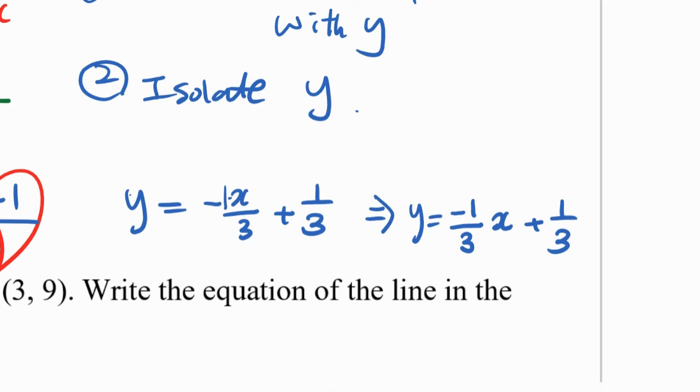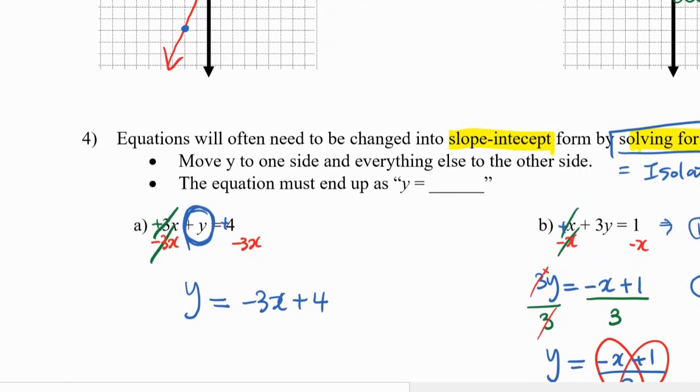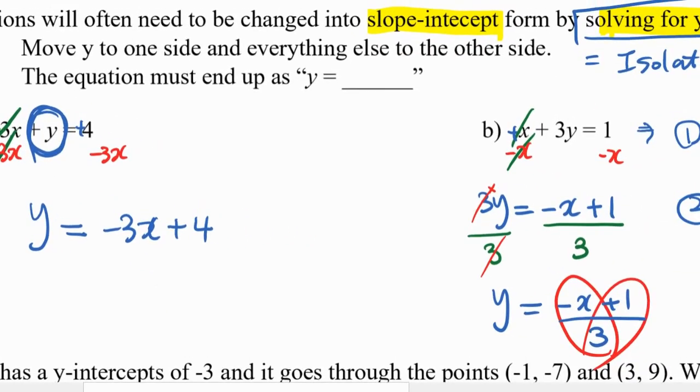Okay? So this is the slope, and this is the y-intercept. So this is how you change this equation into slope-intercept form. Can you guys do this by yourself?